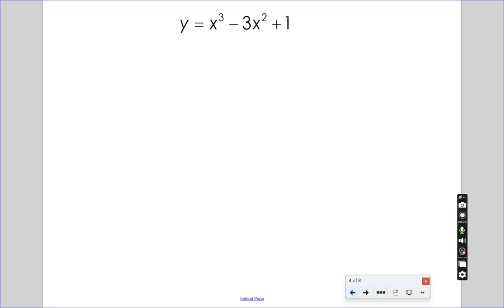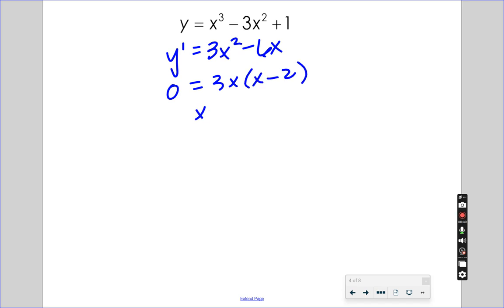All right, first derivative, y prime equals 3x squared minus 6x. Get our critical values, so set it equal to 0. Let's see, factor out a 3x. All right, so my critical values are 0 and 2.